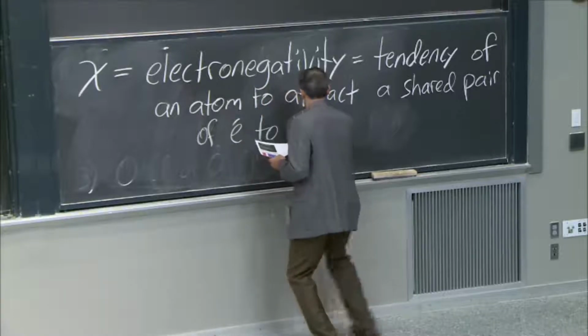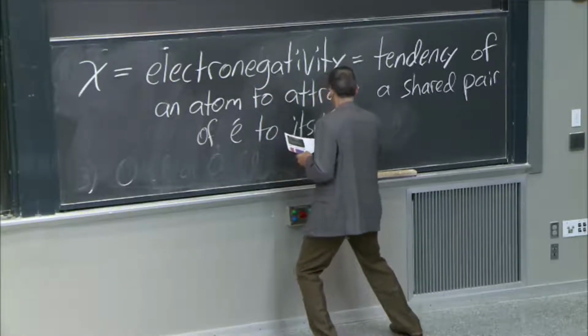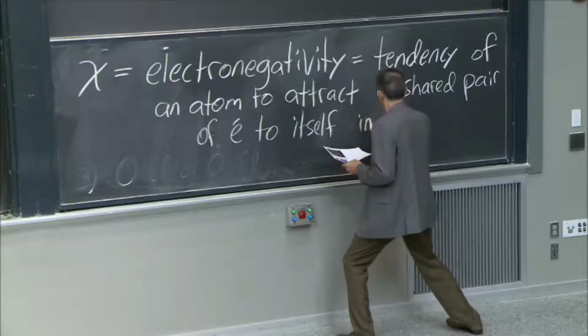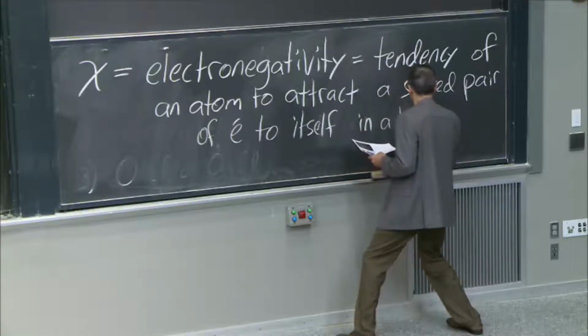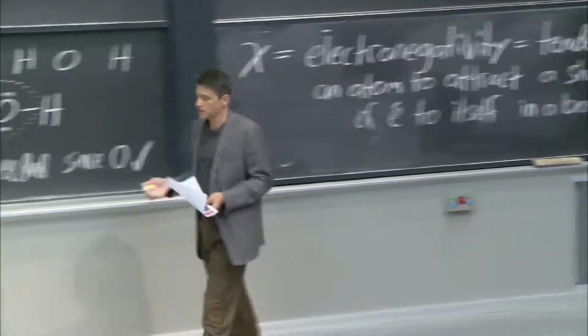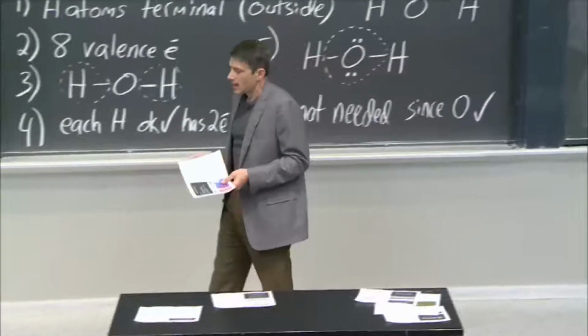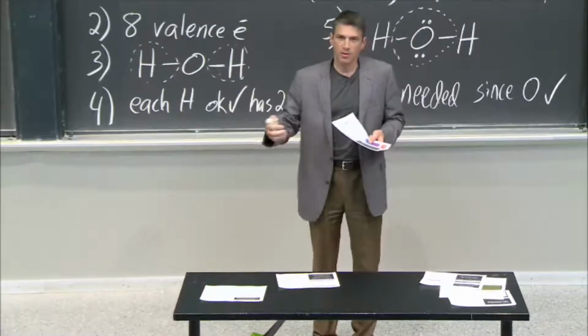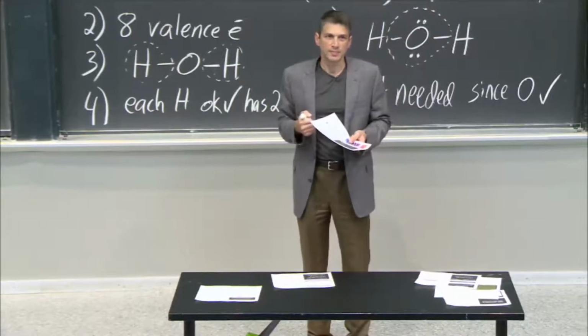Okay? So let's write in a bond, just to be sure. So if an atom is in a bond, the question is, how much was it able to pull those bonding electrons to it?